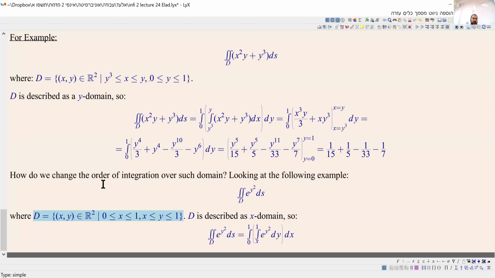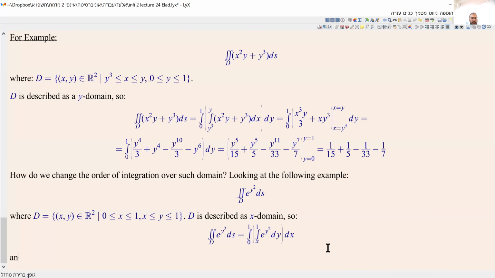How do we change the way we look at this domain and write it as all the points where x is bounded between functions of y, while y is bounded by numbers? We do not know how to continue here.